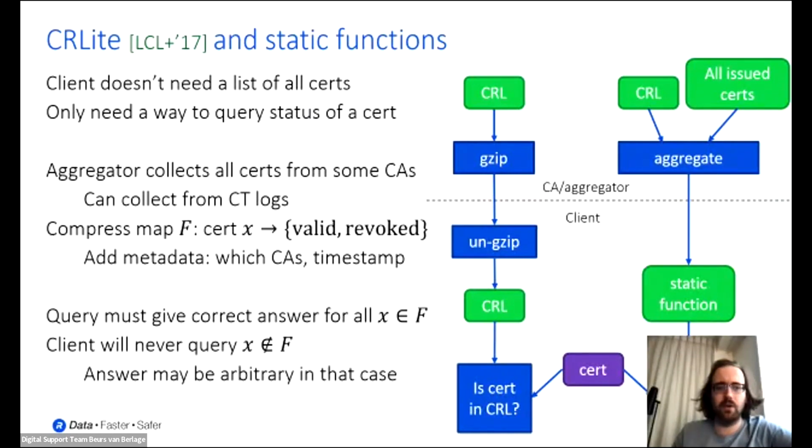And so as a result, you only need to build a function that is correct when queried on elements of a certain finite predetermined domain, the certs that were actually issued. Because queries will not be made outside that domain, you don't have to care what answer the client would get if they did that. This can be more efficient than a CRL because fundamentally you're conveying less information.